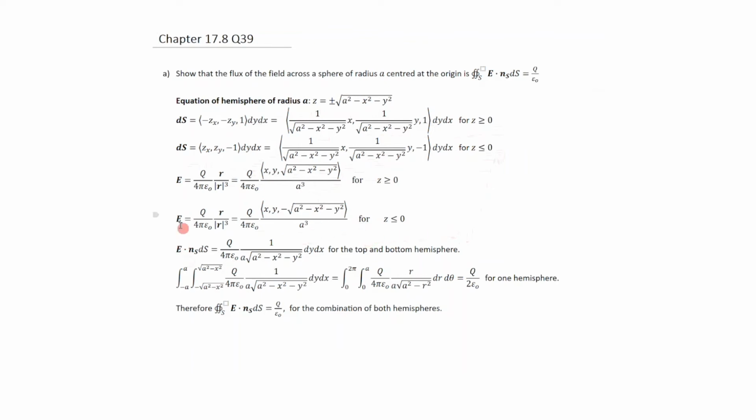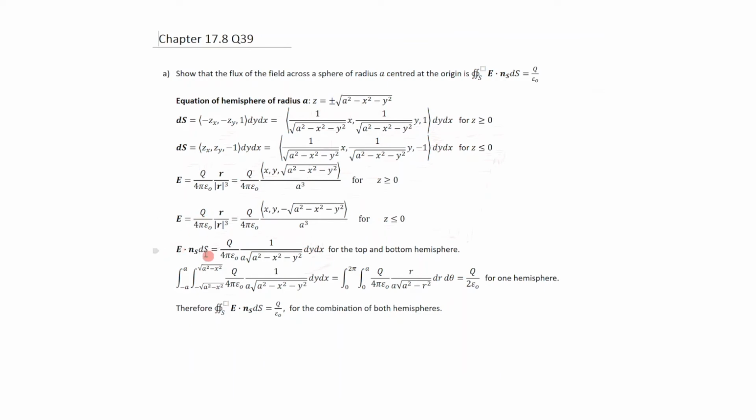That means that for E dot n dS, one E is positive and one is negative, but the dS involves a positive here and a negative here. If you take the dot product for both of them, applying this one to this one and this one to this one, you'll end up with exactly the same result.